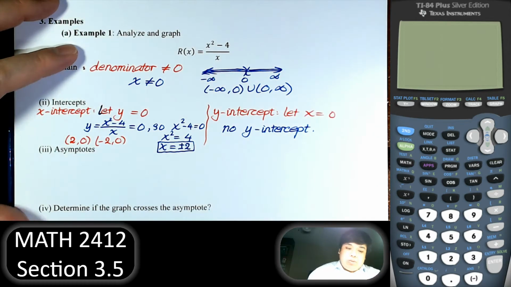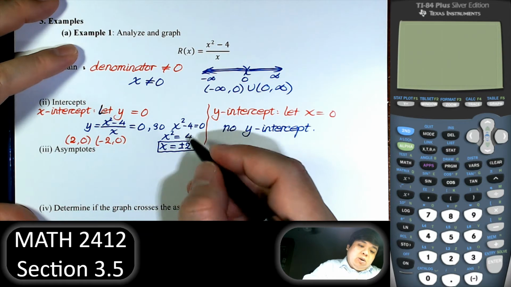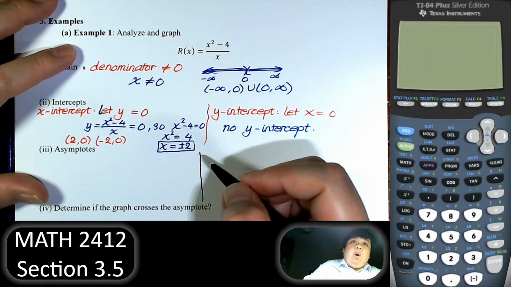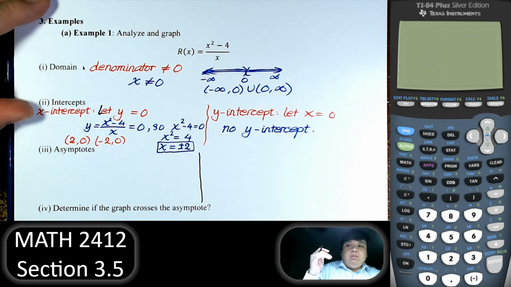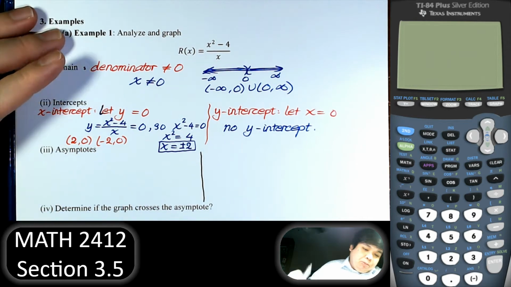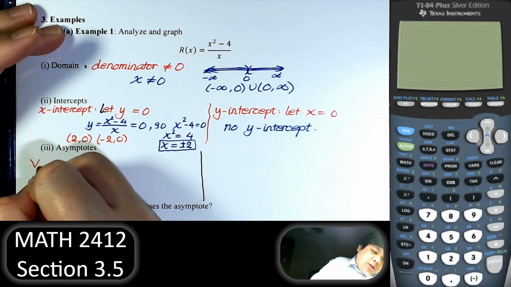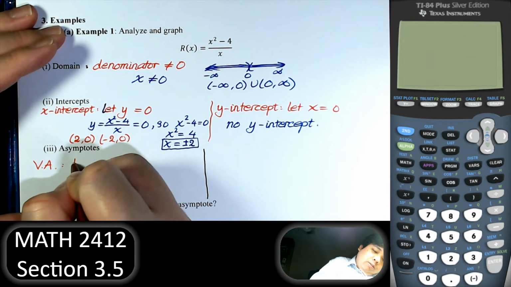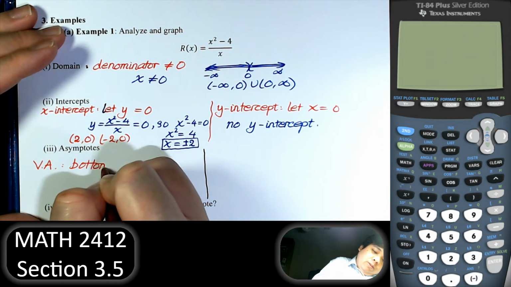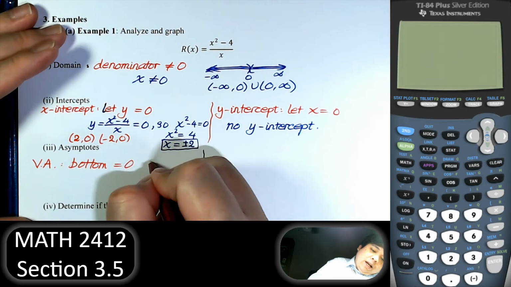Asymptotes: there will be 2 kinds, vertical asymptote, and horizontal or slant asymptote, either one of them. So vertical asymptote: bottom equal to 0 and top is not.